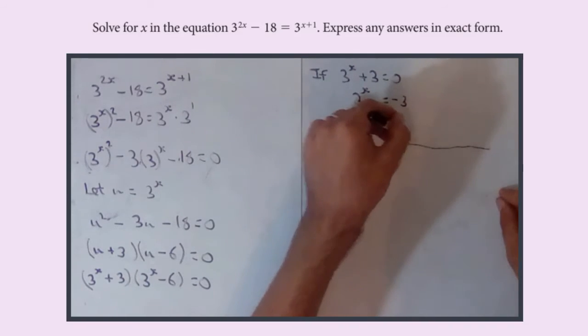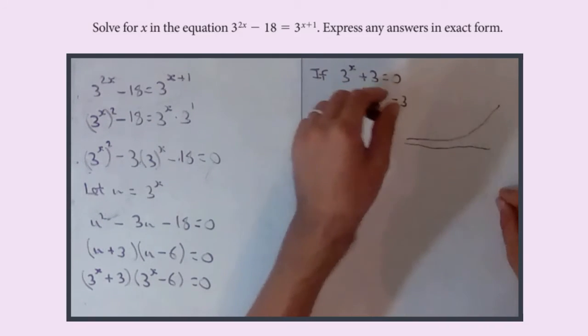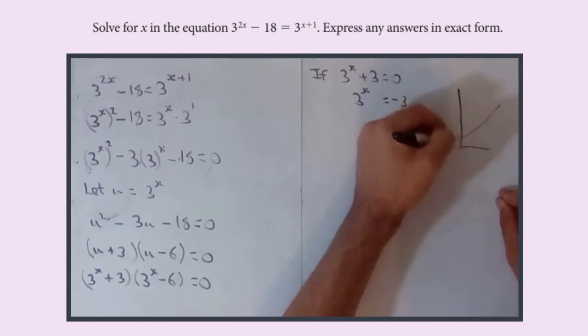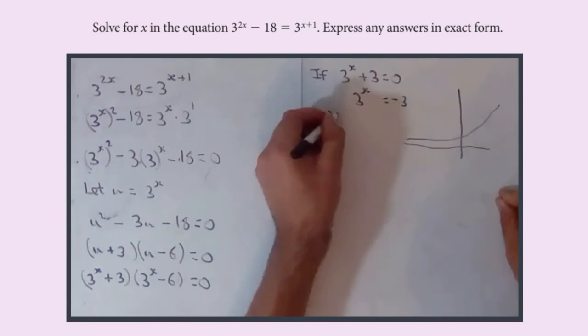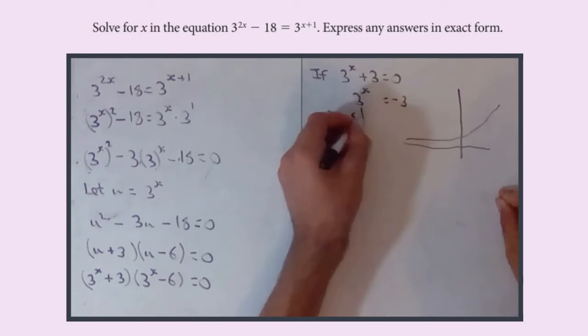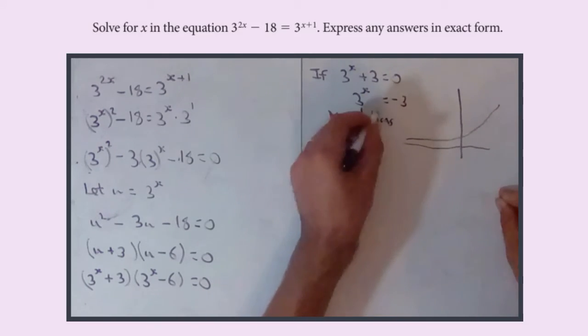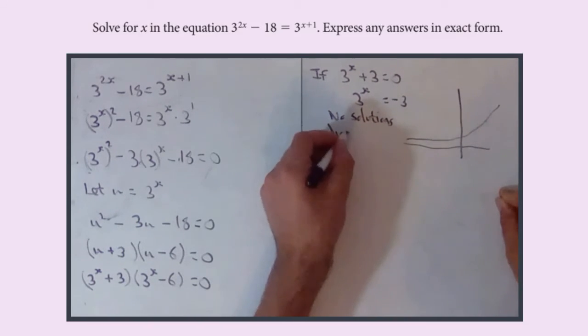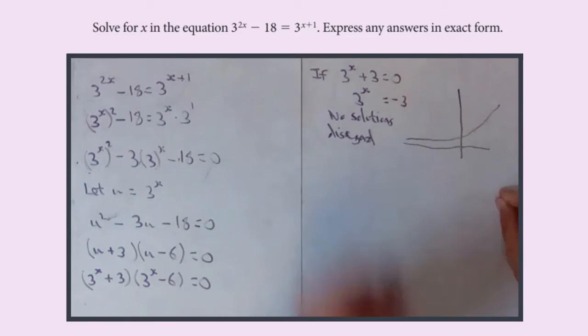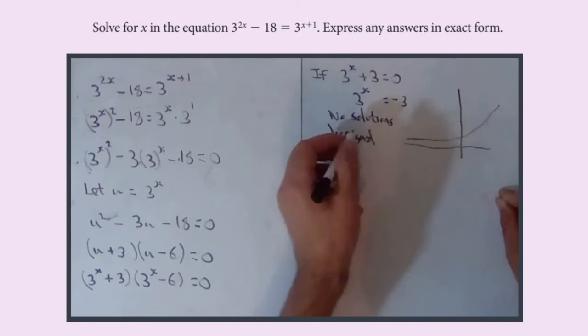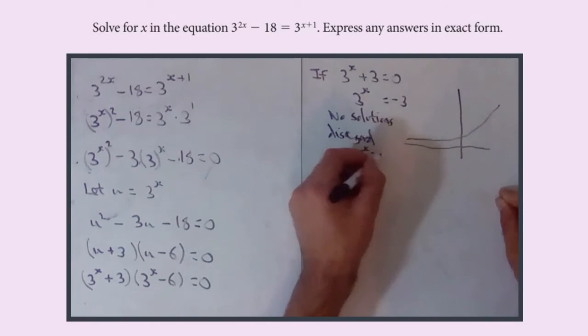It does this. So it doesn't ever go to minus 3. So there are no solutions for this particular value. So what that means is we disregard this particular solution of 3 to the x equals minus 3.